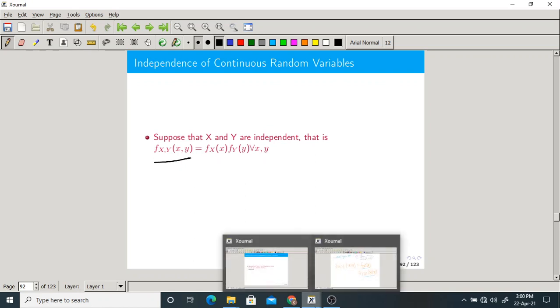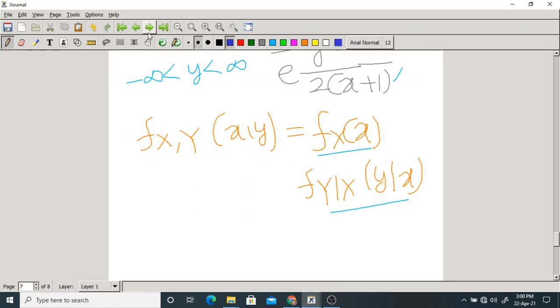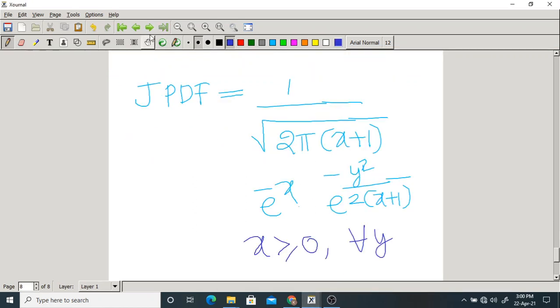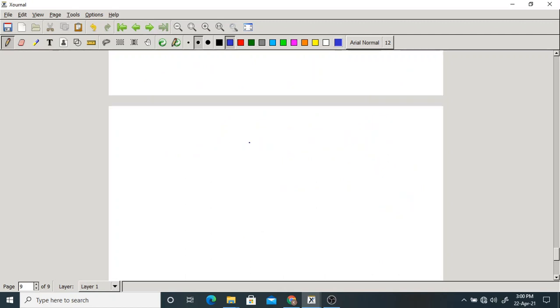So any other formulas that you come across? Any other formulas that you think of? What is written there? Can you derive any other formulas of independence? Let me write these things. Suppose f of x given y, of x given y, should be equal to what?